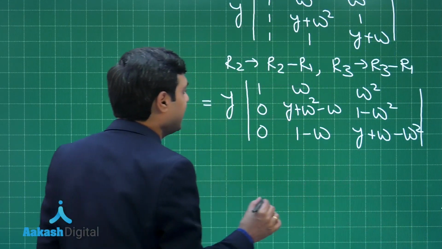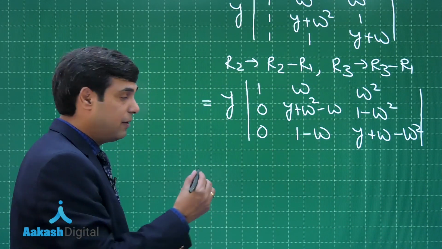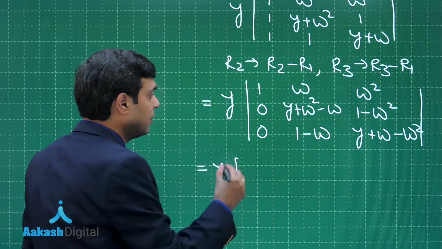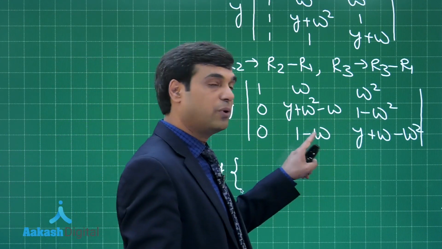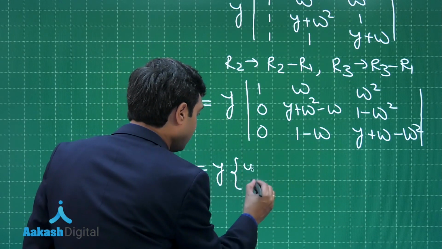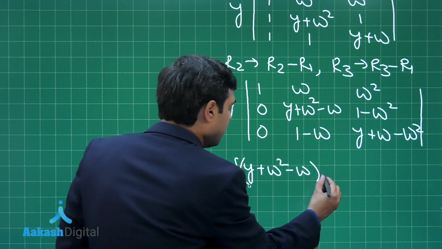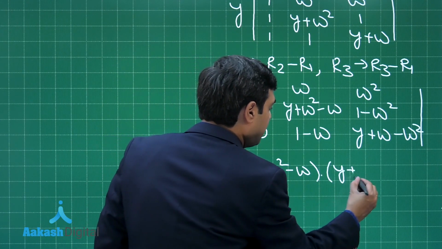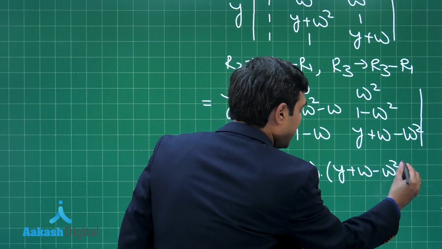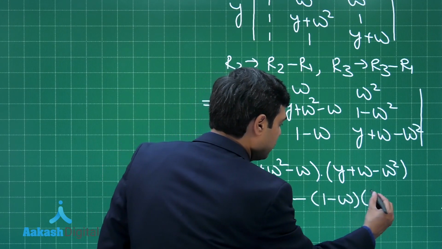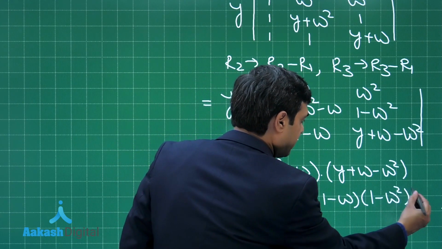Now just expand it along the first column. We get here y multiplied with the product of the two minus the product of these two. So let's write down (y + ω² − ω)(y + ω − ω²) − (1 − ω)(1 − ω²).